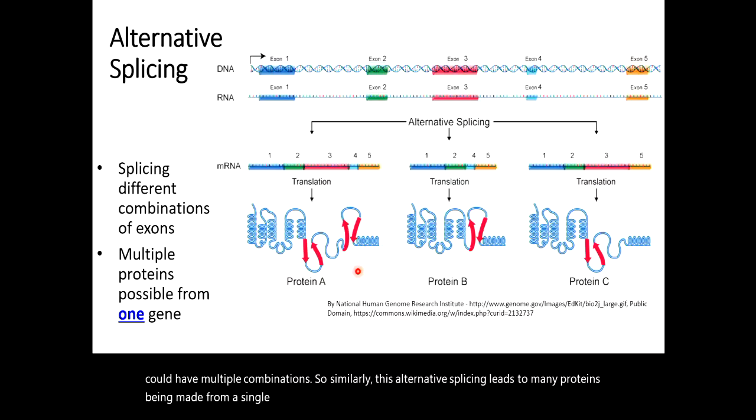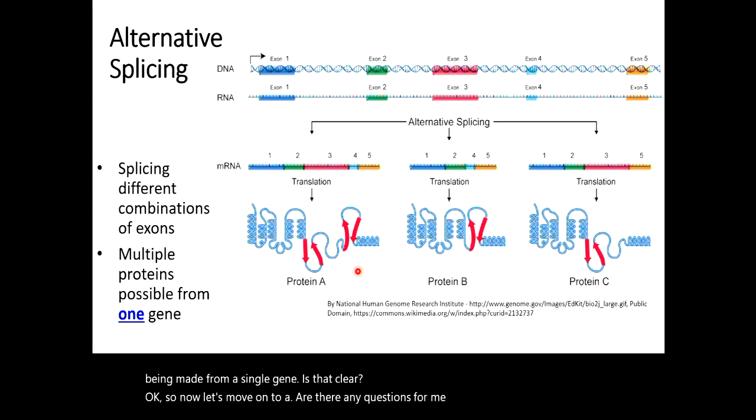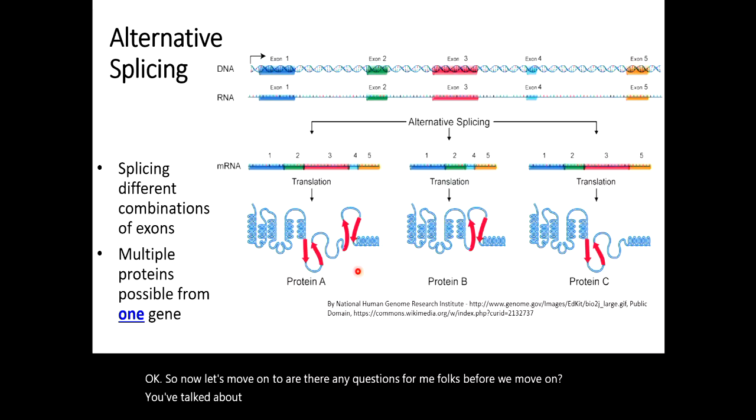Is that clear? Okay. So now, are there any questions for me, folks, before we move on? We've talked about transcription and post-transcriptional modification, and I told you why that's important. Yes, what is your question? Could you repeat that? Alternative splicing also?